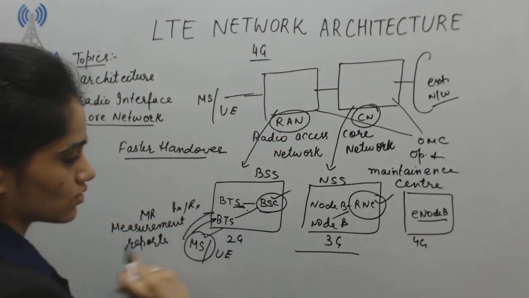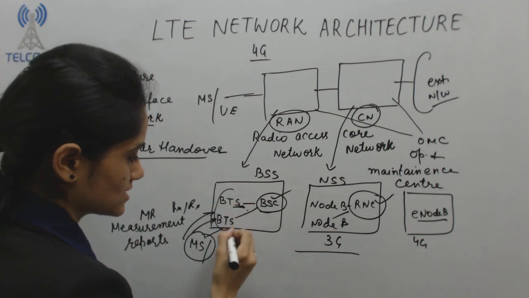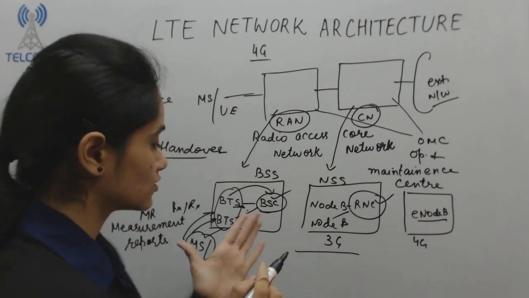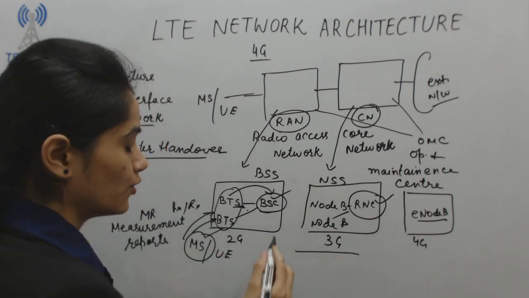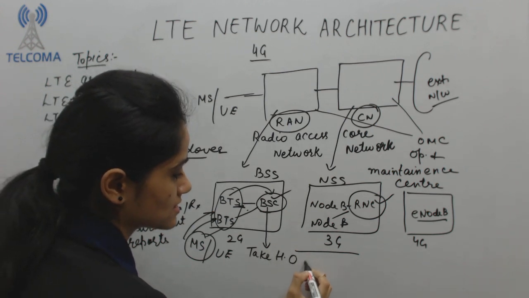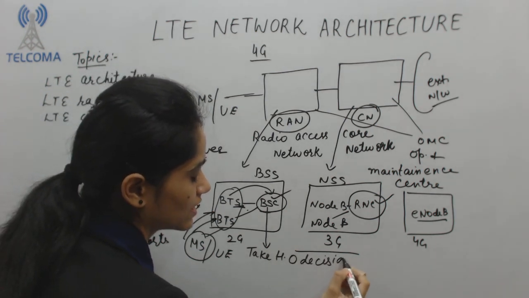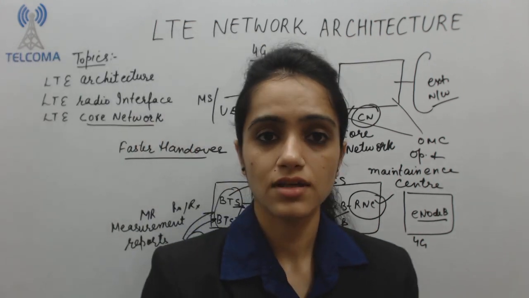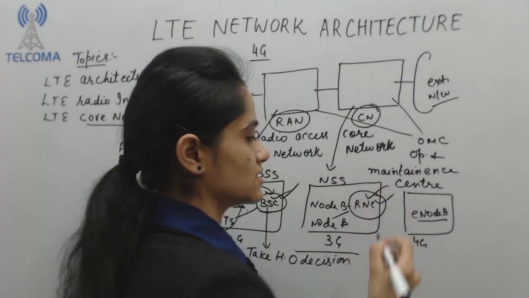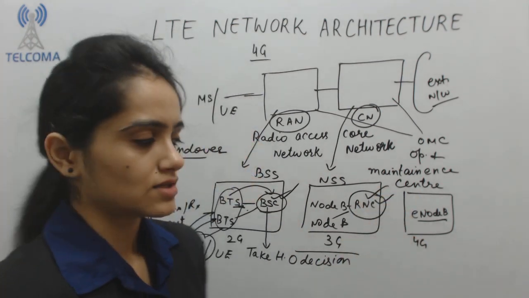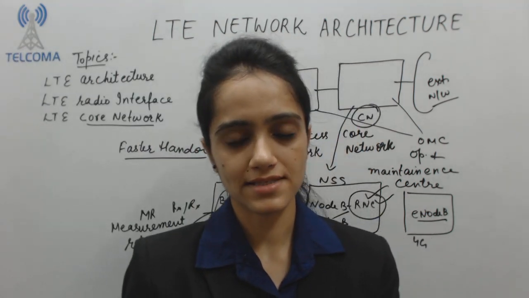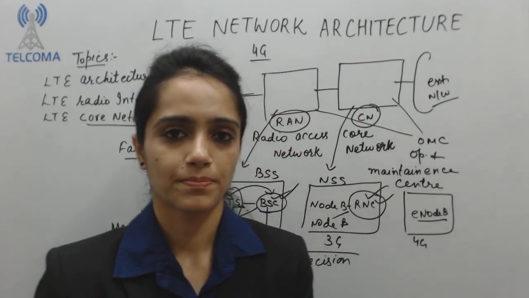So the mobile station continuously sends MRs to the BTS, and the BTS sends these MRs to the BSC because the BSC is the controller for all BTS. Now the BSC will take the handover decision. That means the handover decision is with the BSC, and similarly with the RNC in 3G. So the handover process is long, it will take a long time, or we can say the latency is more.